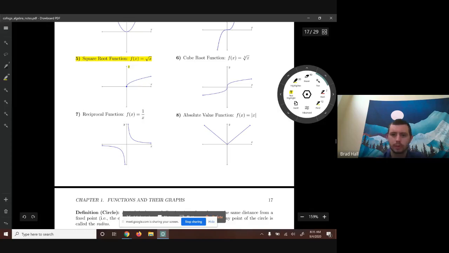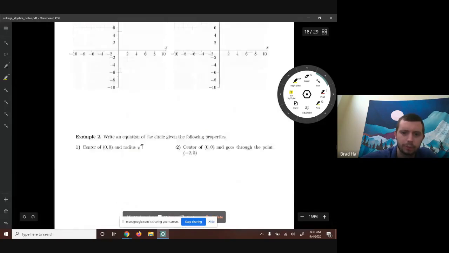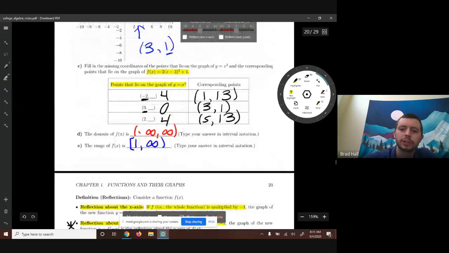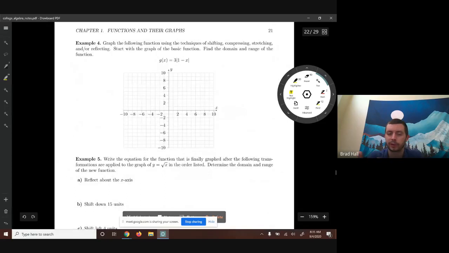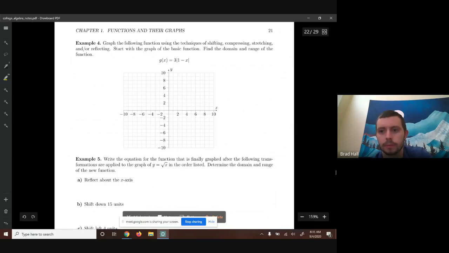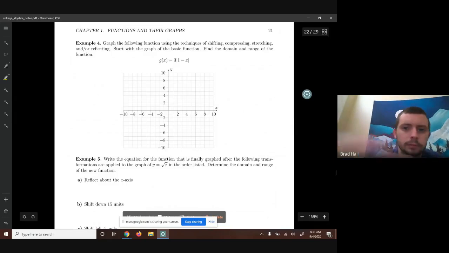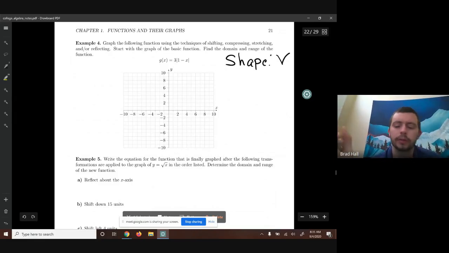So if you interact with the graph and it asks you for the corresponding shape, you would pick the V shape. But as I mentioned, it's going to ask you to find 2 points instead of giving you that table to fill in. And the first point has to be the vertex.